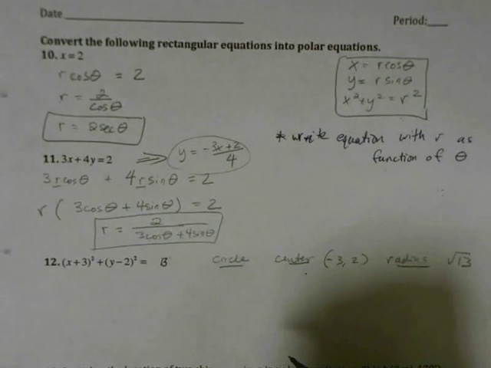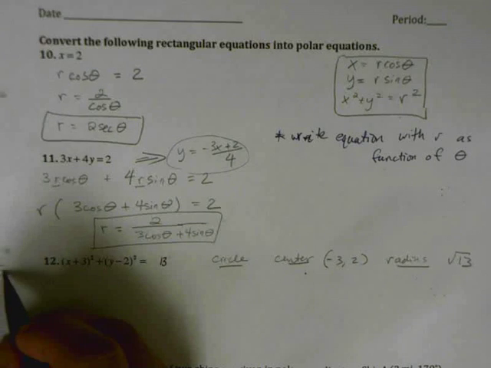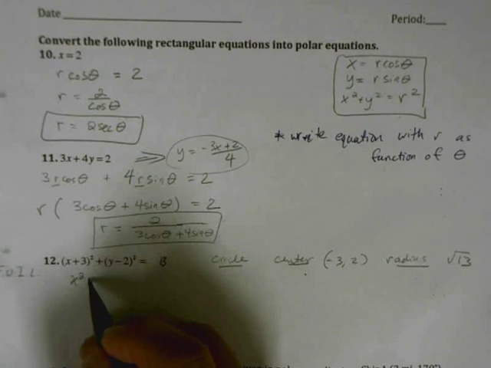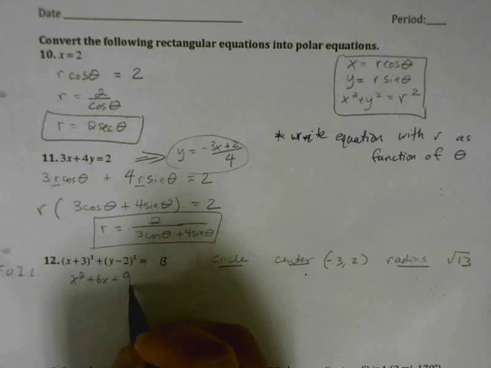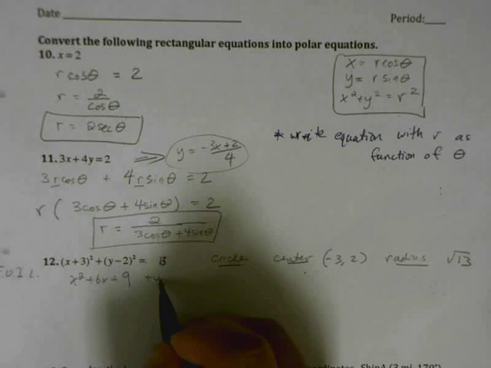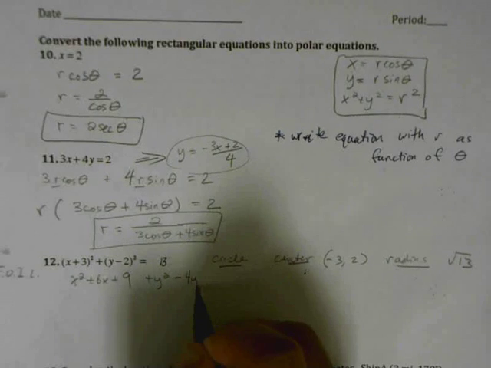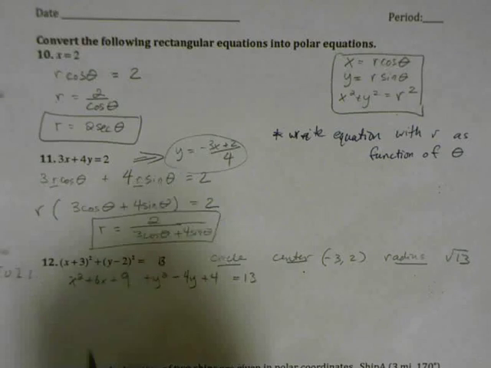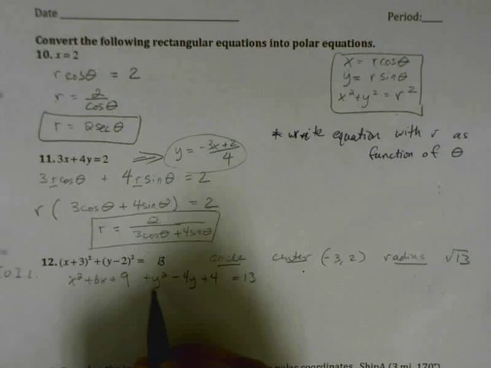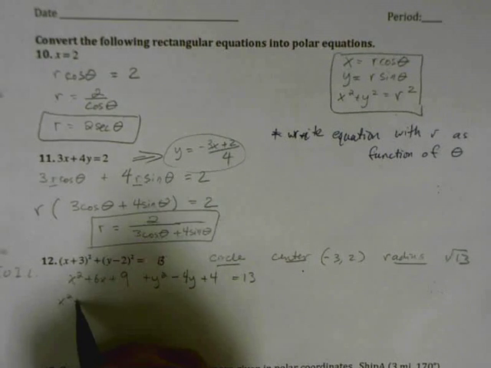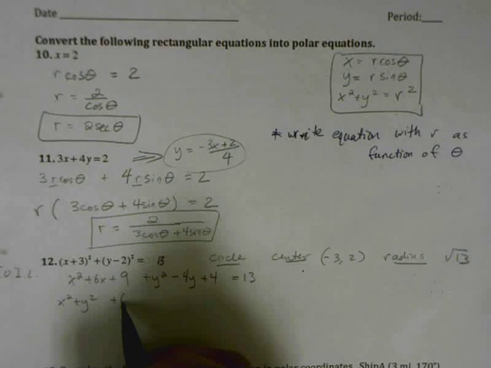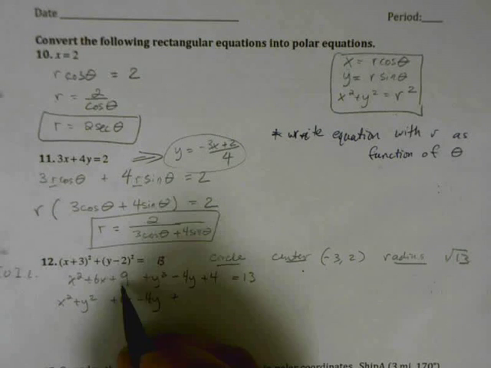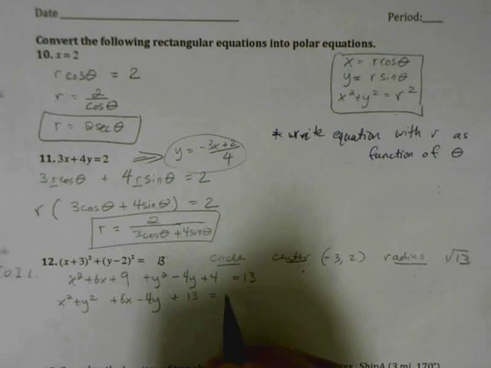So what I'm going to do first is FOIL the entire expression. I get x squared plus 6x plus 9 plus y squared minus 4y plus 4, all equal to 13. I'm going to put my x squared and my y squared together. So x squared plus y squared plus 6x minus 4y plus 9 and 4, which gives me 13.